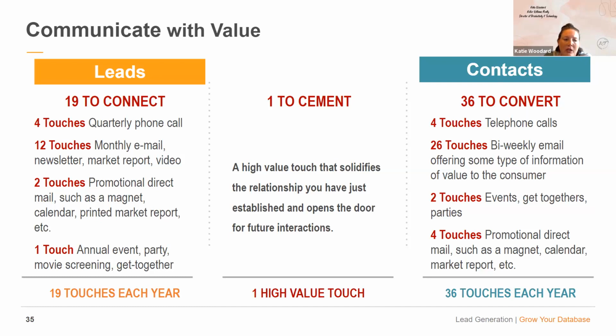Then 12 touches via email, newsletter, market report, video, whatever you've got going out, like the monthly neighborhood information that comes once a month. Then 2 touches via calendar, mail, direct note card, thank you note, happy birthday, some sort of thing.